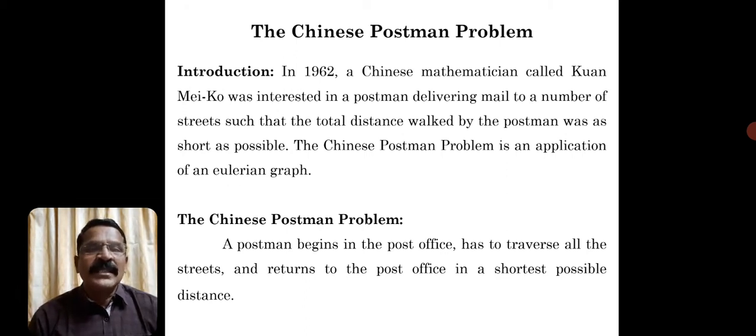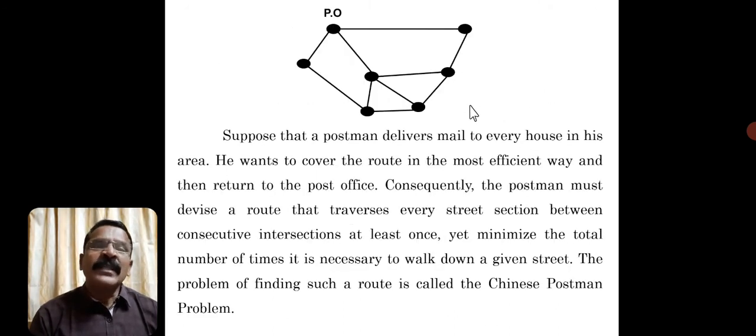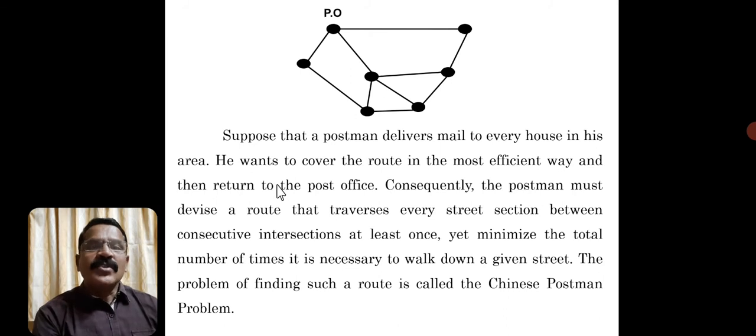So a postman begins in the post office, has to traverse all the streets and returns to the post office in the shortest possible way. For example, this is the post office. He has to visit all other places, of course, but he has to trace every street exactly once, and come back to the post office after distributing the letters. Suppose that a postman delivers mail to every house in his area.